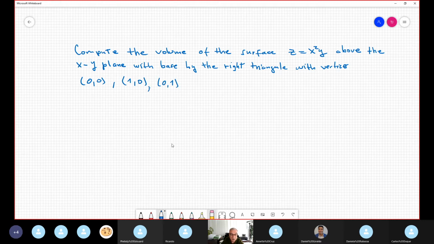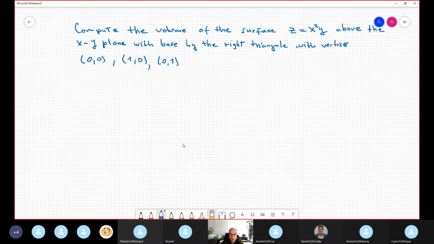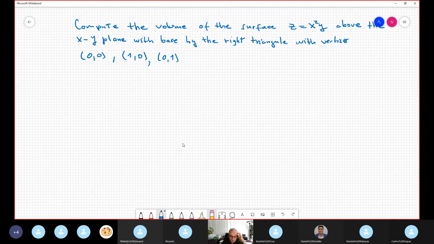Okay, so the region is given by the points. Immediately I can do the graph to understand the region. X, Y. Okay, 0,0 here, I plot the point. 0,1, I plot the point. 1,0 and 0,1.